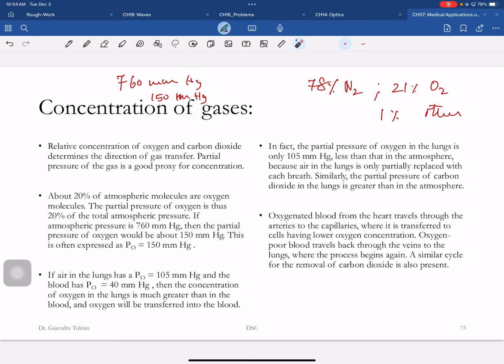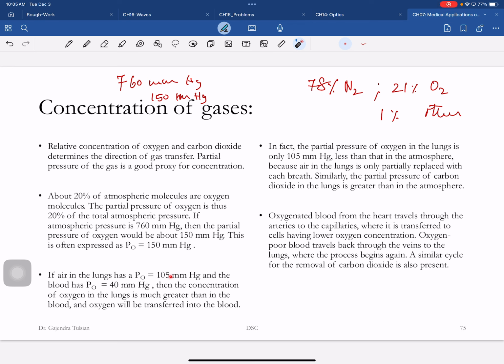Now it turns out that inside the lungs, in the alveoli, every time you breathe in air, you don't expel all of the air. So there's some used air in there. In your lungs, the partial pressure of oxygen is 105 millimeters of mercury. In the blood, the partial pressure is 40 millimeters of mercury.